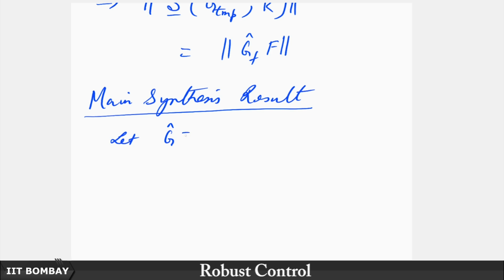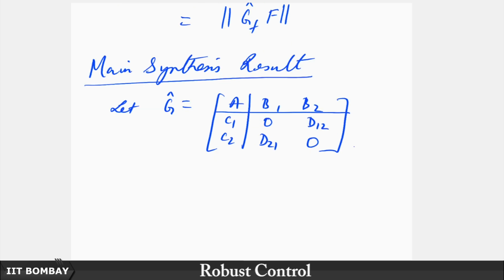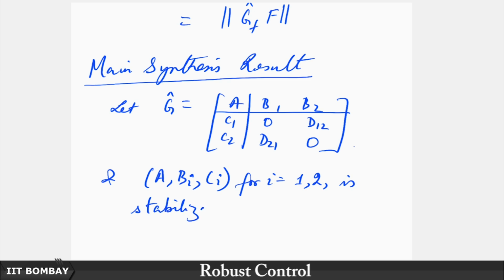Let G hat be the plant given by A, B1, B2, C1, C2, 0, D12, D21, 0 like so, and A, Bi, Ci for i equal to 1, 2 is stabilizable and detectable.